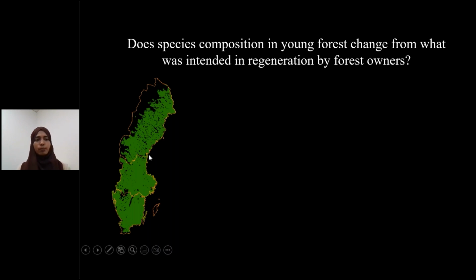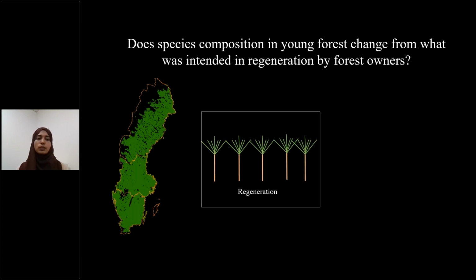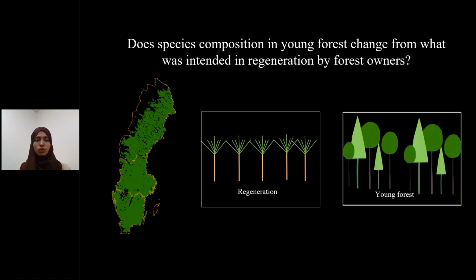In each stand there are plots, and the data was collected plot-wise. When the field crews were doing the inventory, they recorded which species was used during regeneration, and based on that information, we calculated the species composition in regeneration. In the young stand plot inventory, there is also information about species occurrence, their browsing information, and so on. Based on that data, we calculated the species composition of the young forest.